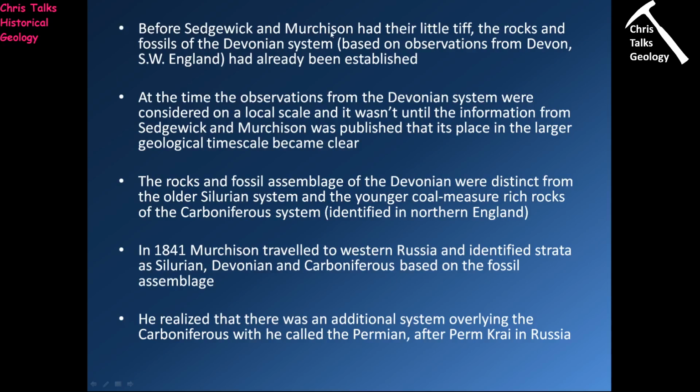So before Sedgwick and Murchison were doing their thing in Wales, someone else had already been into the area of Devon in southwest England, and they had looked at the rocks down in Devon, and they had put them into a system which they called the Devonian. So at the time, the observations from the Devonian system were considered on a local scale, but once Sedgwick and Murchison's observations were published, it became clear pretty quickly that the Devonian sat above the Silurian.